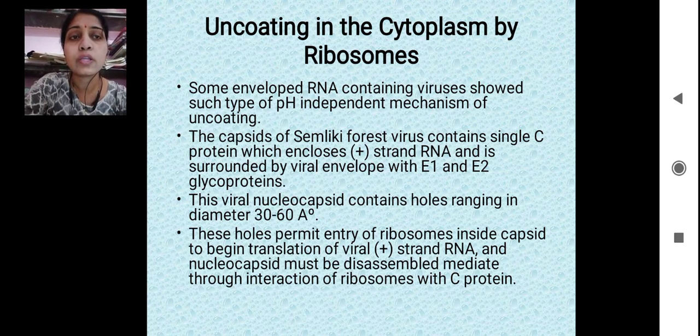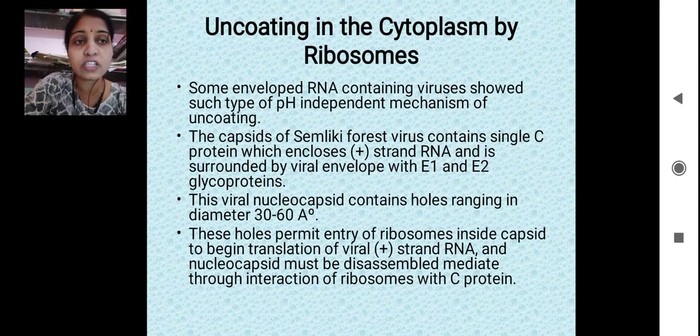Due to the presence of the small holes within the viral nucleocapsid, the entry of ribosomes is permitted. We know that ribosomes are of small size, so they enter inside the viral nucleocapsid. Within the capsid, translation of the positive sense RNA begins, and the nucleocapsid must be disassembled.